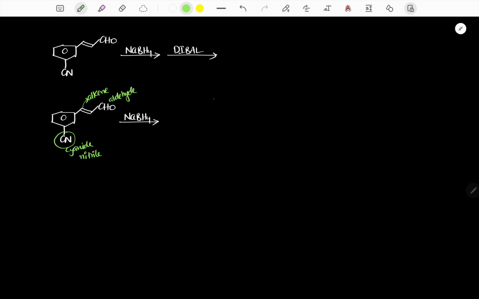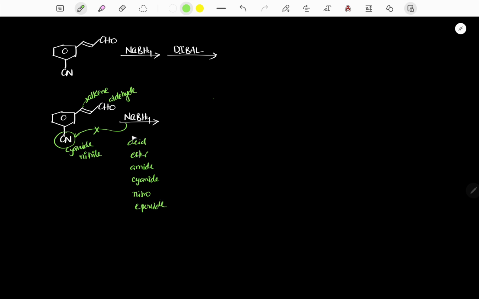When it is treated with NaBH4, we know that NaBH4 does not reduce cyanide, acid, ester, amide, nitro, or epoxide.